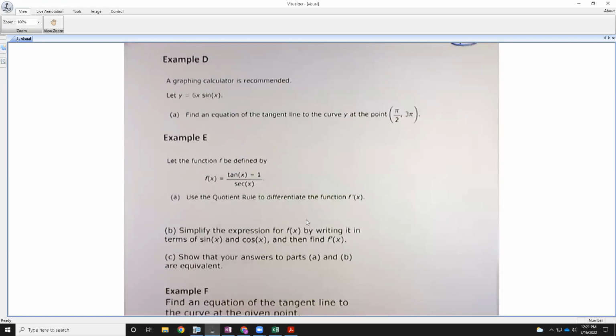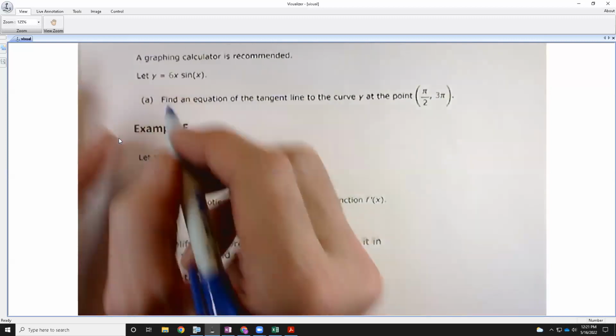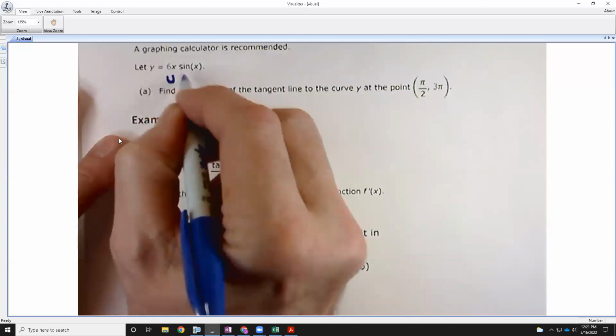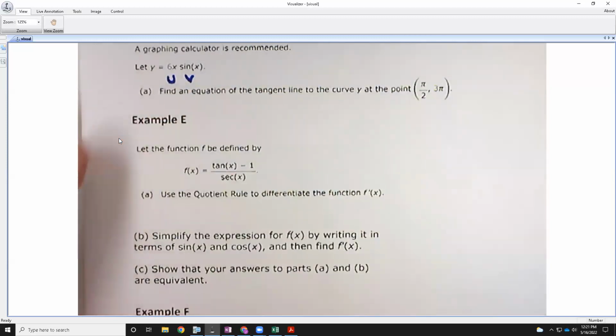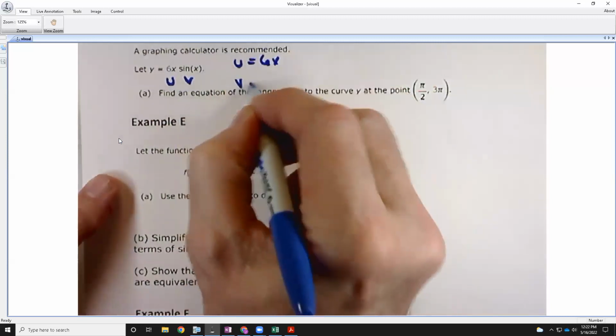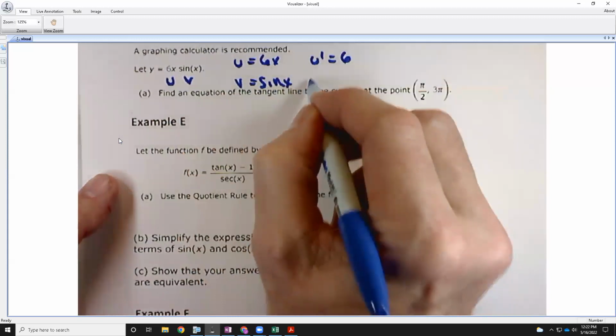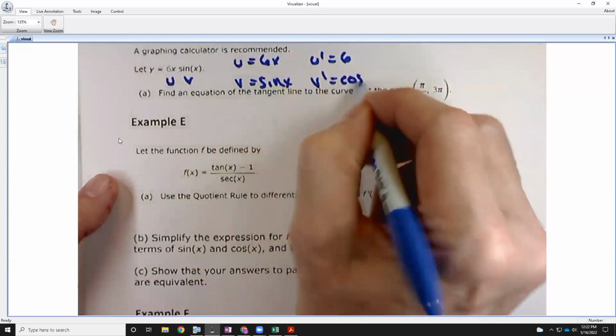Find the equation of the tangent line to the curve at the point pi over 2 and 3 pi. Again, you've got to use the quotient rule, or the product rule. So there's your u and there's your v. u equals 6x, v equals sine of x, u prime equals 6, v prime equals cosine of x.